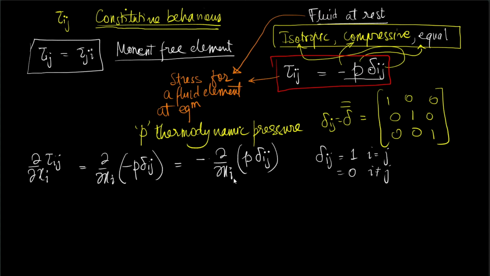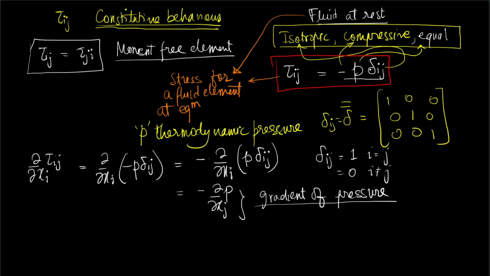Correspondingly, this particular i that exists over here will become del del xj of P. So it becomes minus del P del x, which means it is the gradient of pressure. So the contribution from the static component of pressure is manifested as the gradient of the pressure.